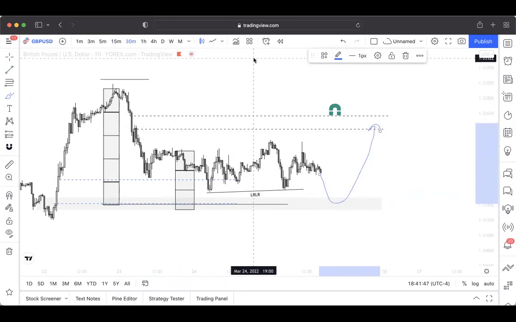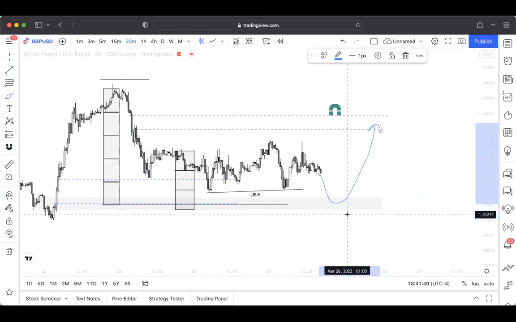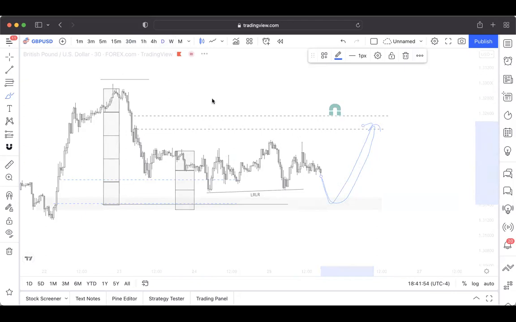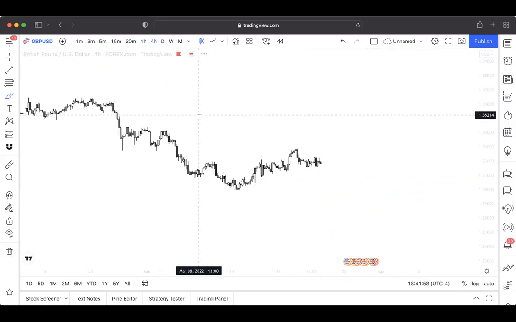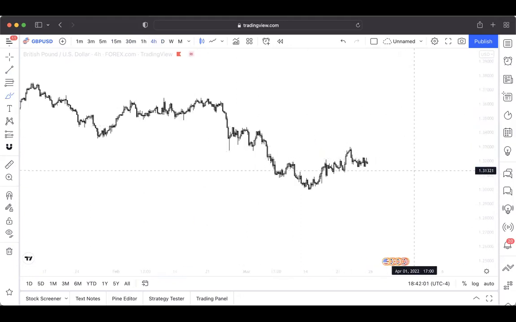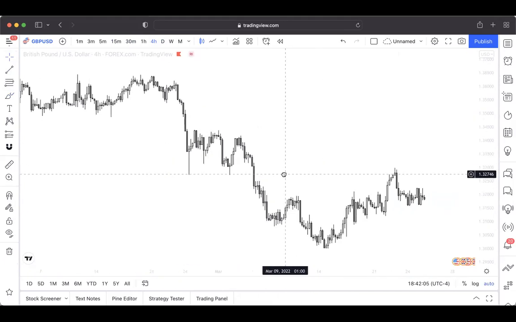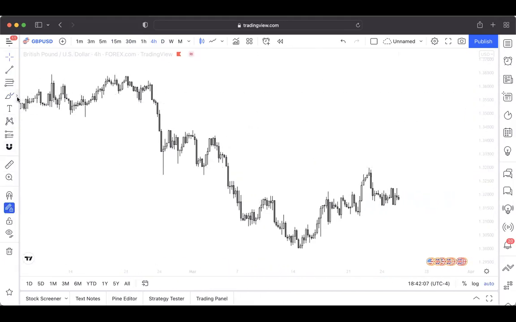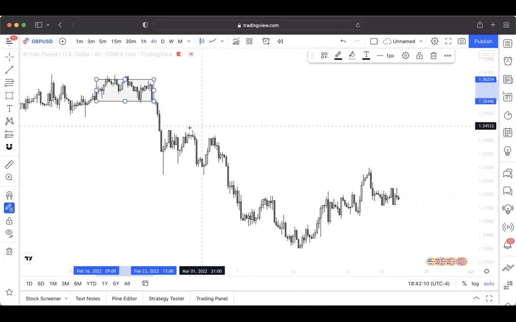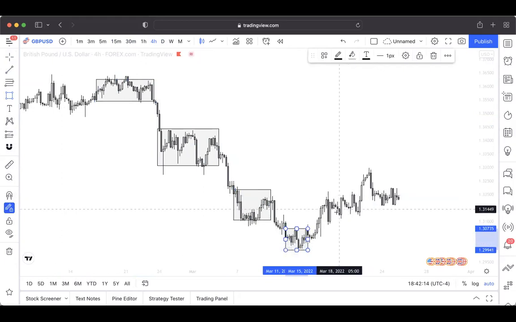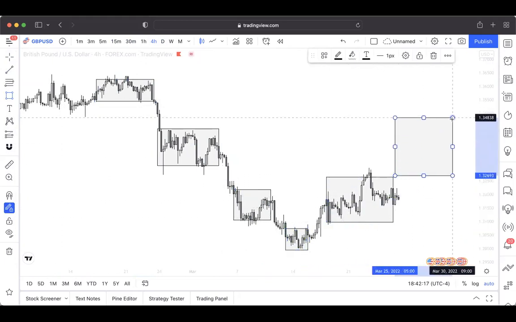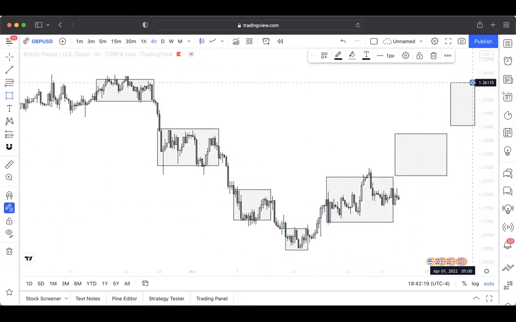And what's the other idea of why the market would come down here and then later up? Again, there are other confluences you could be using. If you look at the chart here, you can clearly see that this would also be a market maker model.